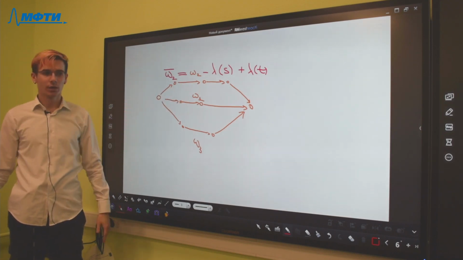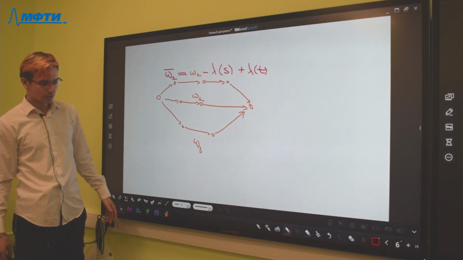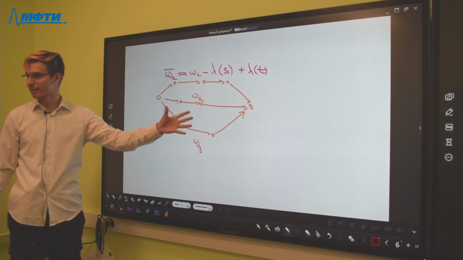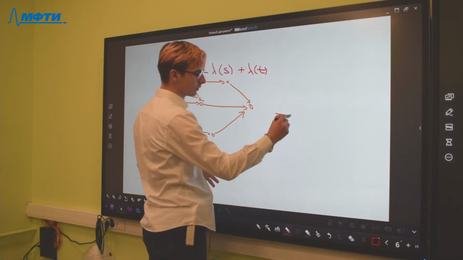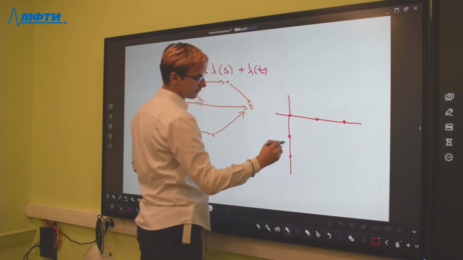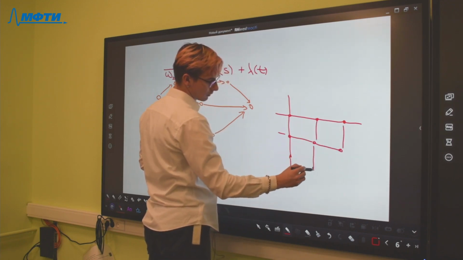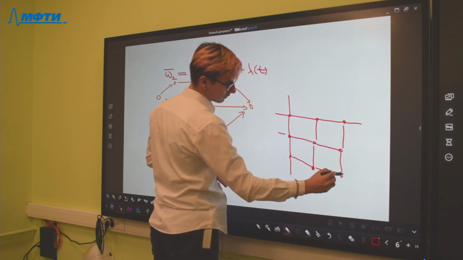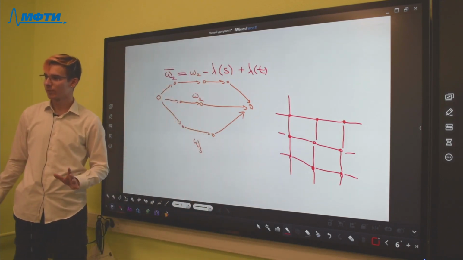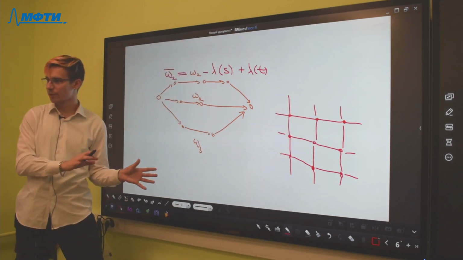Or, for example, we know that our graph is a two-dimensional lattice, and then you can set some empirical ways to set different potential functions in these cases.